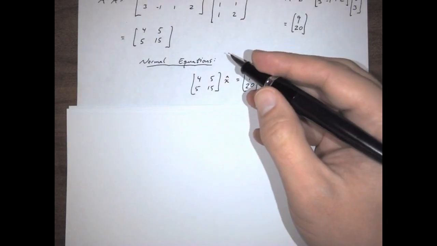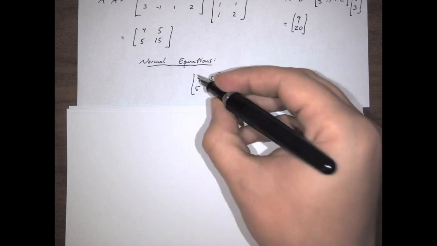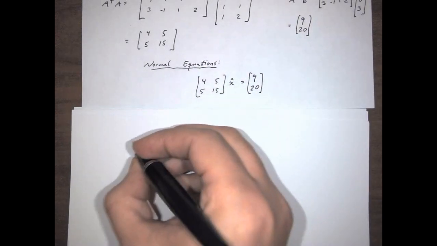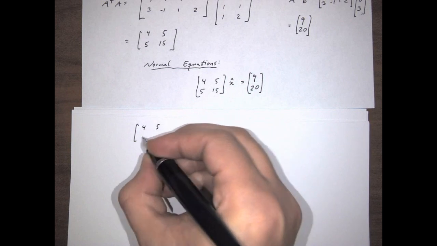Alright, now to actually solve this, we can solve it by a number of methods. We can set up a row reducing augmented system and go from there. Or alternatively, you could use Cramer's rule, or you could use the inverse matrix and multiply, because it's only a 2 by 2. But no matter how you do it, you'll hopefully get the same result.